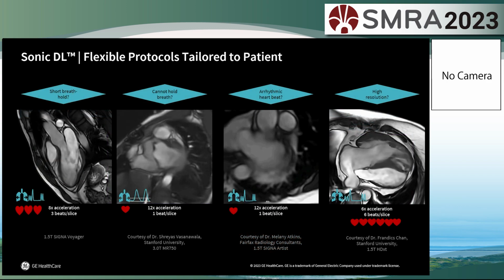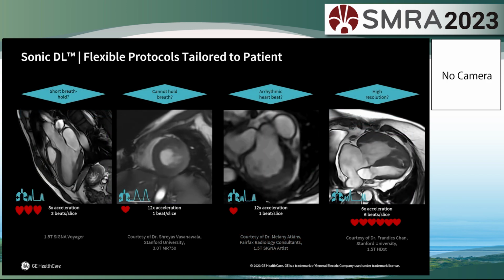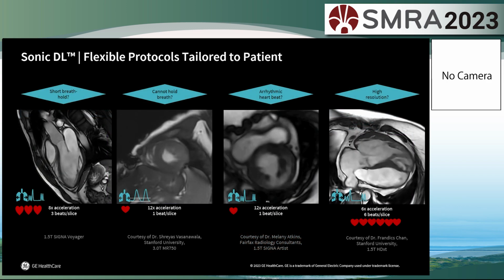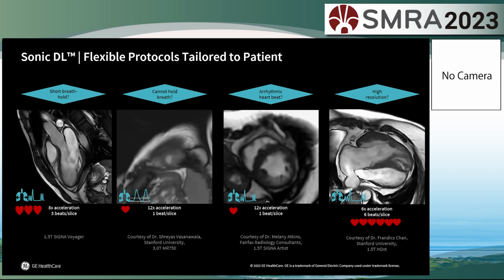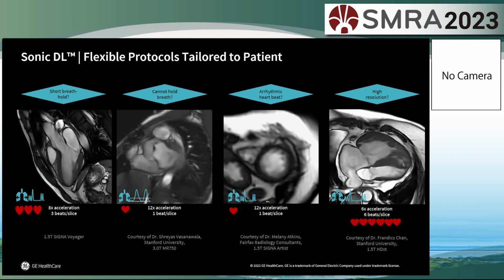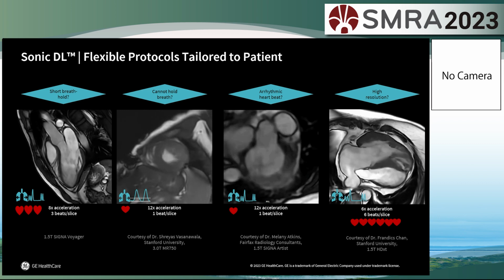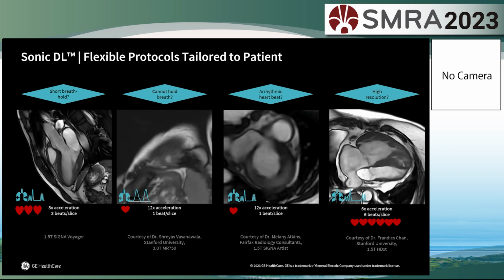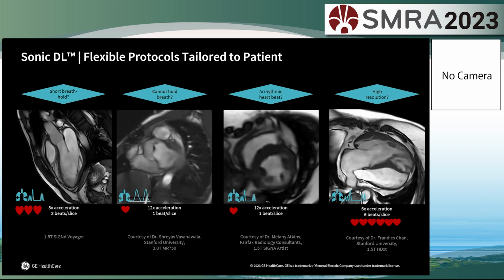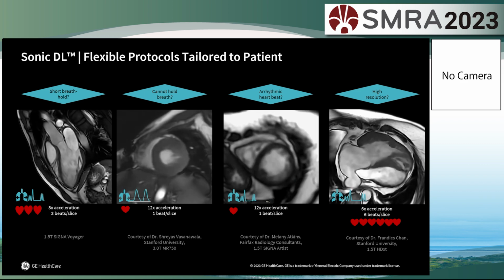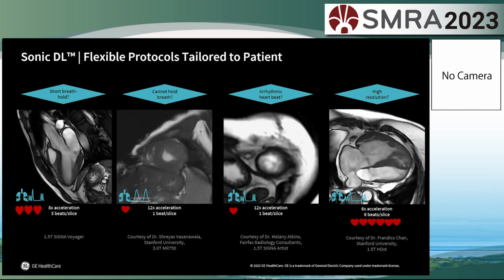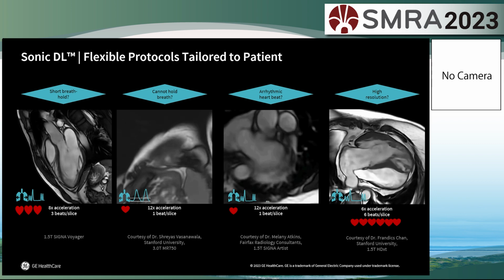So the Sonic DL allows you the cine imaging with a very flexible protocol depending on the patient condition. So if the patient can hold the breath for a short time, you can prescribe the short breath hold cine imaging, as shown on the left side.